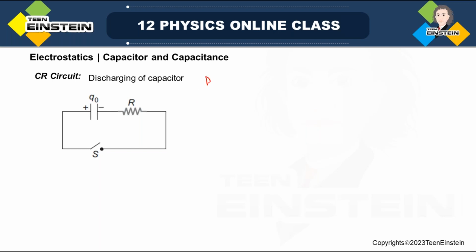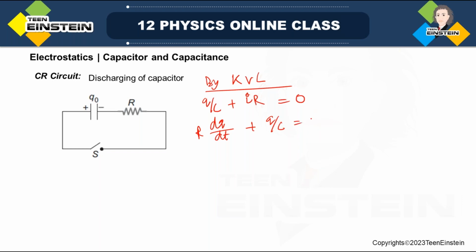Similarly, here also by KVL we can write: initially it is fully charged, so Q0 by C, or at any instant of time Q by C, plus IR equals 0, because the battery is not connected now. Similarly we write dq by dt into R plus Q by C equals 0.